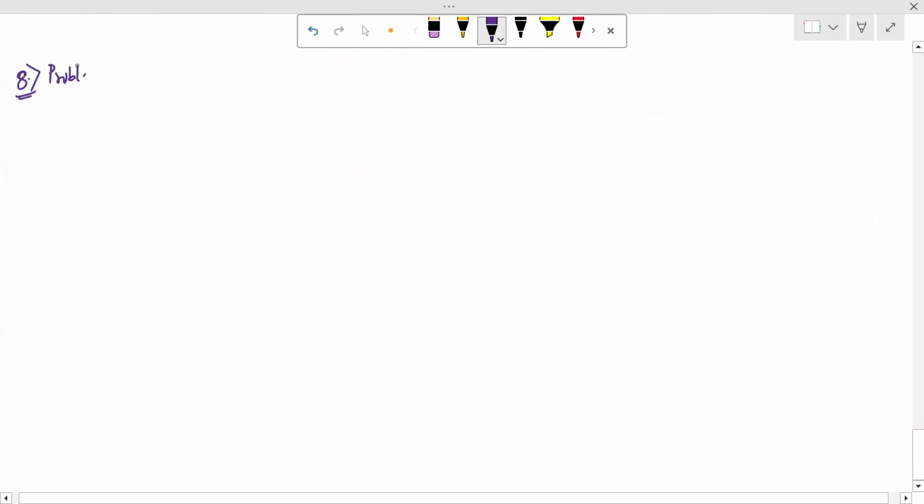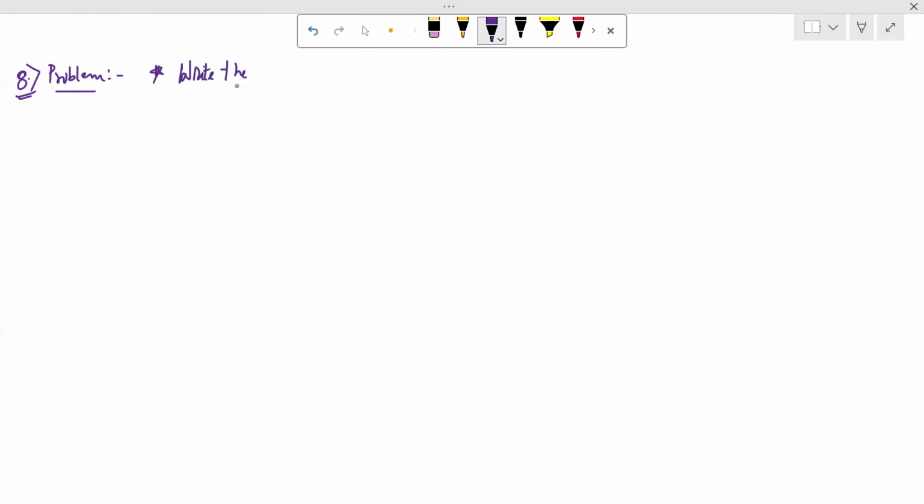Whenever you get a problem, always try to write the wave function psi(x) in the form of the eigenstates. Then your problem will become slightly easy. Otherwise, you will struggle with the problem. So the 8th qualitative point was for the problem solving part.